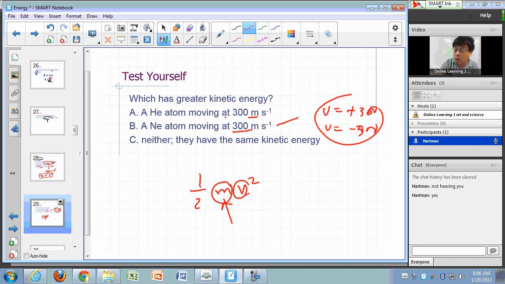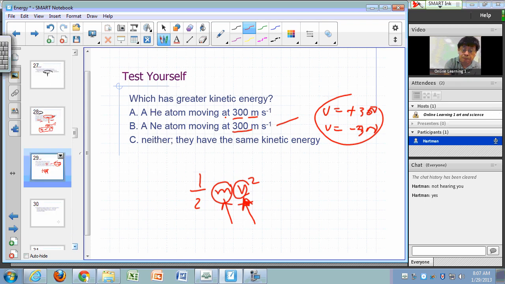Since you square it, whether you have a negative or a positive number, you square it. The magnitude of the velocity, the absolute value, is a positive number. So the direction doesn't matter.